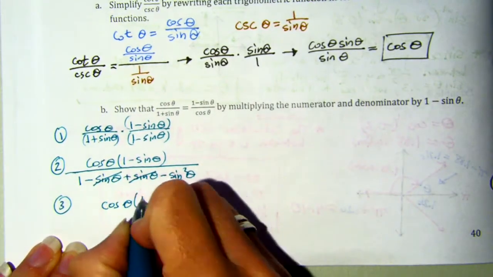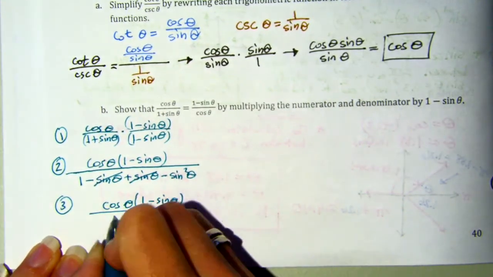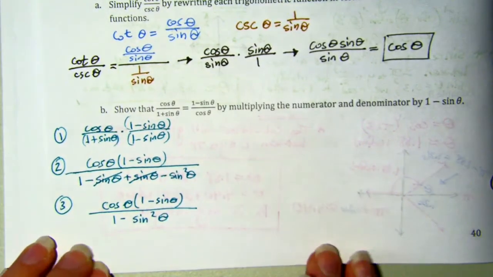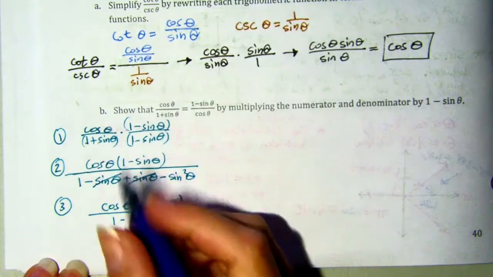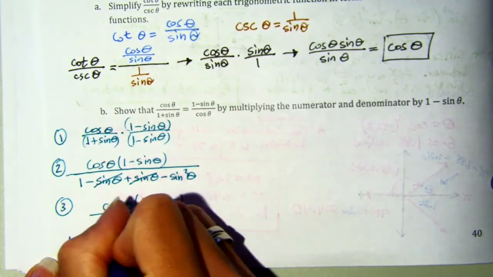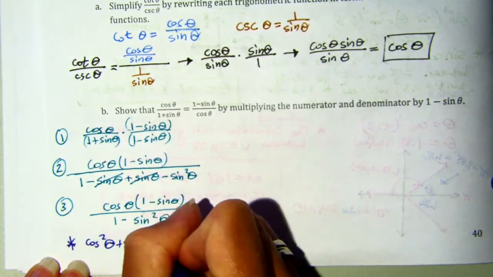So we have cosine of theta times 1 minus sine of theta divided by 1 minus sine squared of theta. Now, sine squared of theta, that comes from a Pythagorean identity. We have cosine squared theta plus sine squared theta is equal to 1.